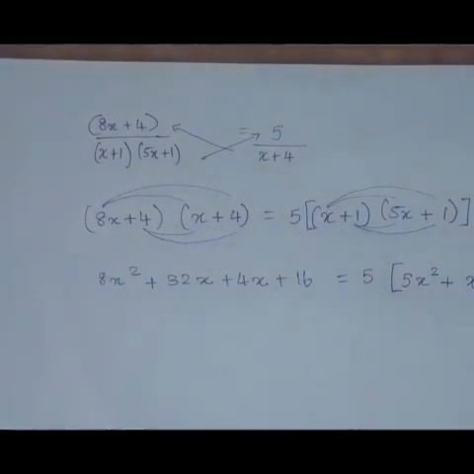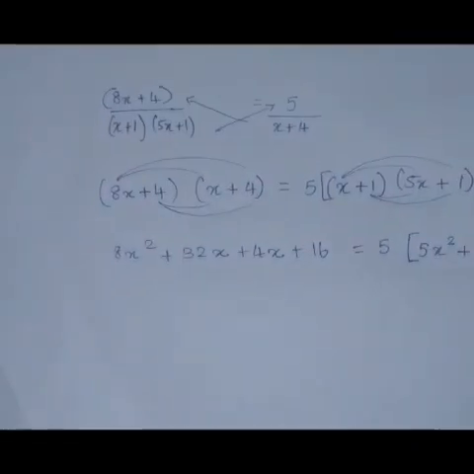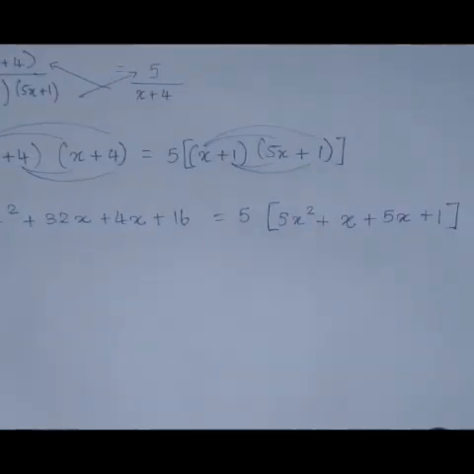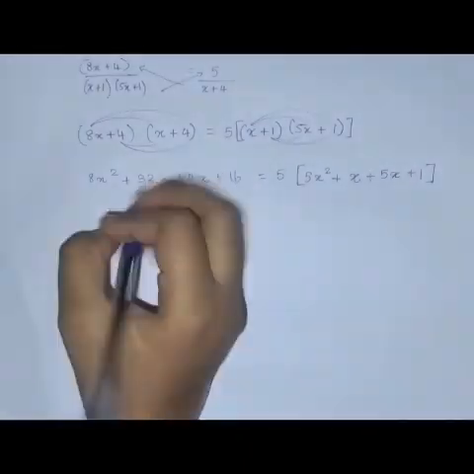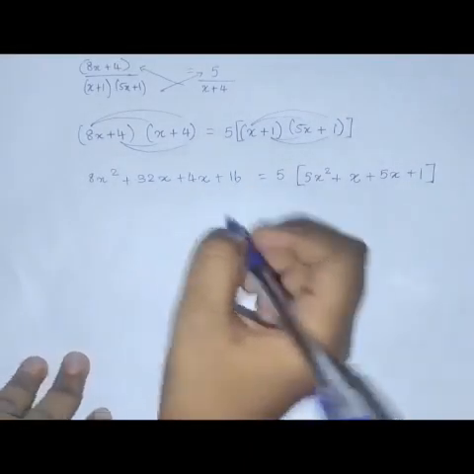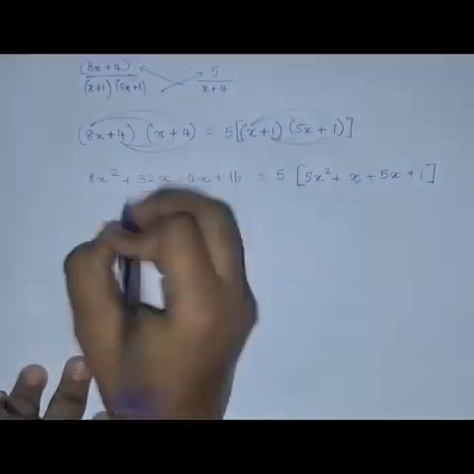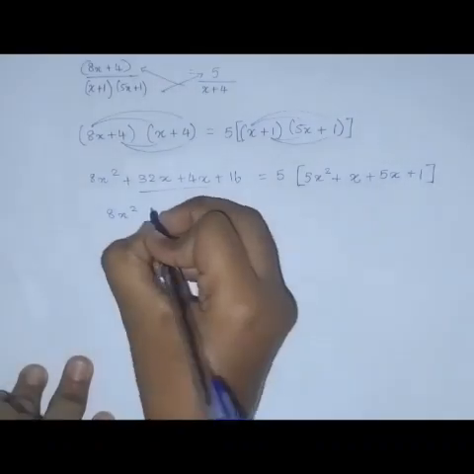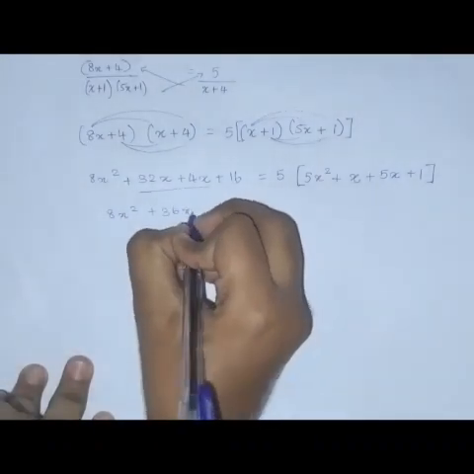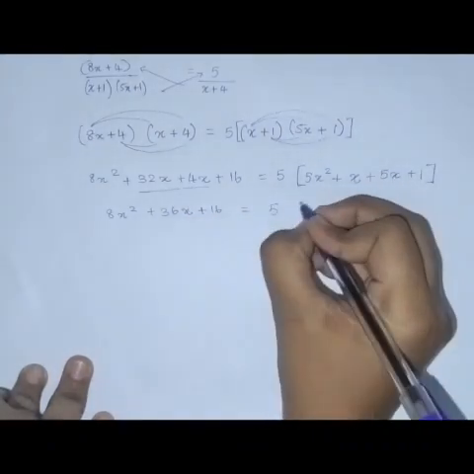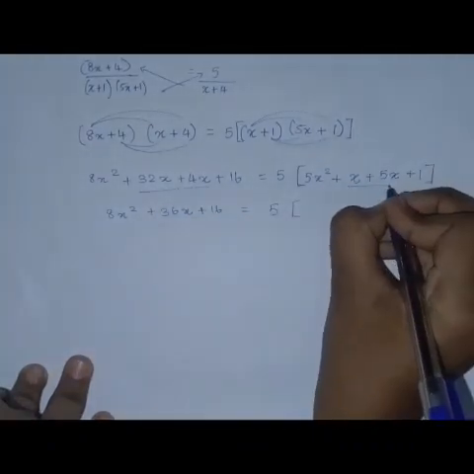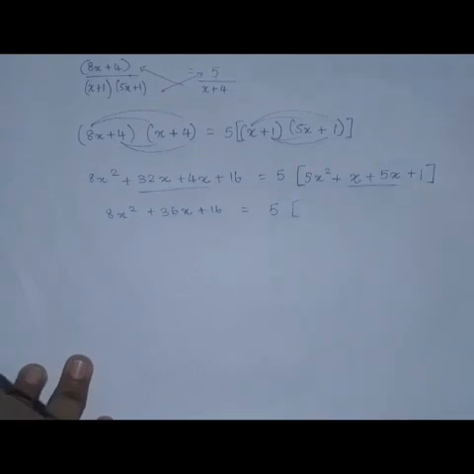On the left hand side, we are going to add 32x plus 4x, so we would get 36x plus 16. So here also x plus 5x, in our right hand side we would get 6x.